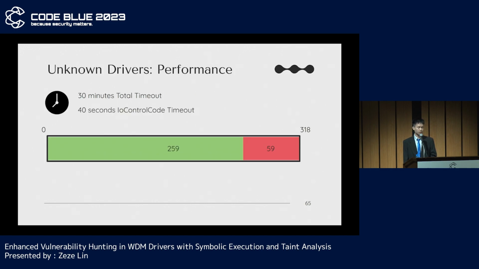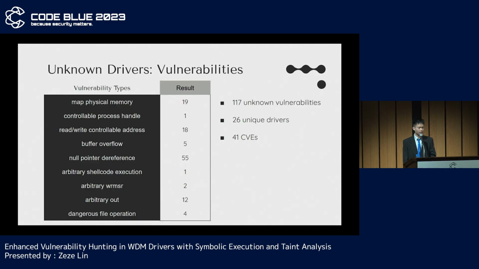Under the same situation as the vulnerable drivers, 259 drivers can be successfully analyzed, and the remaining 59 drivers have to be manually tuned by setting options. As a result, there are 117 unknown vulnerabilities in 26 unique drivers hunted by IOCTLance, resulting in the assignment of 41 CVEs.